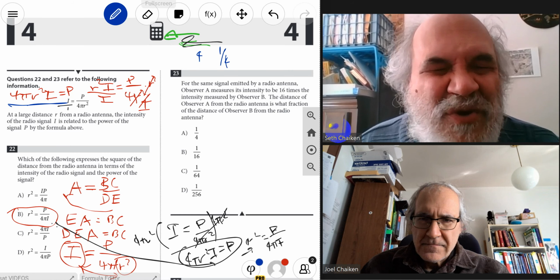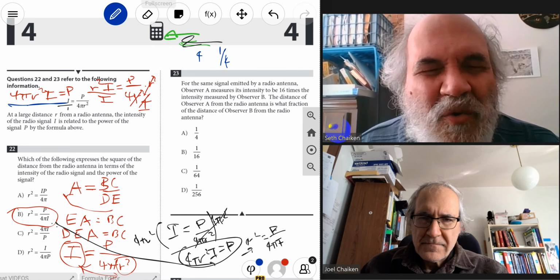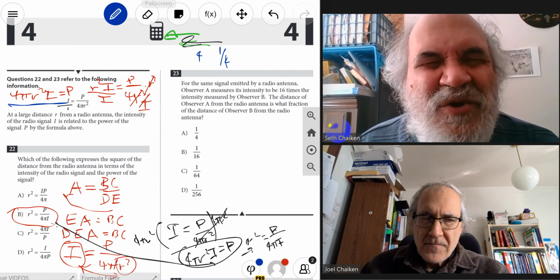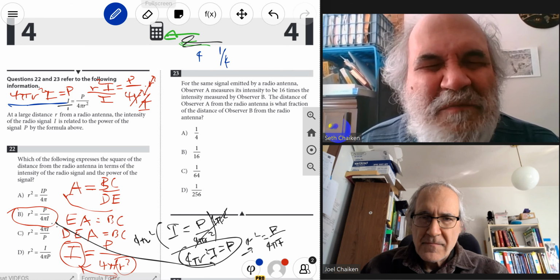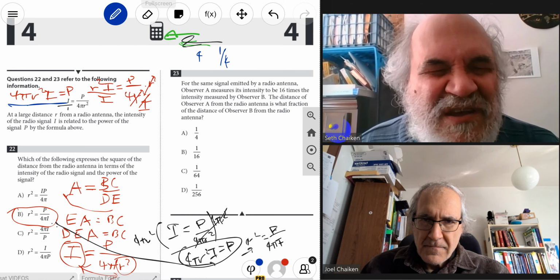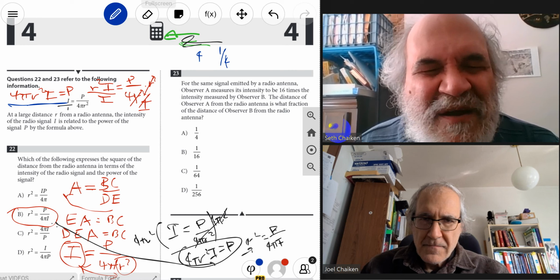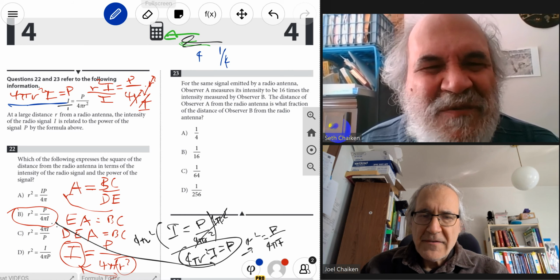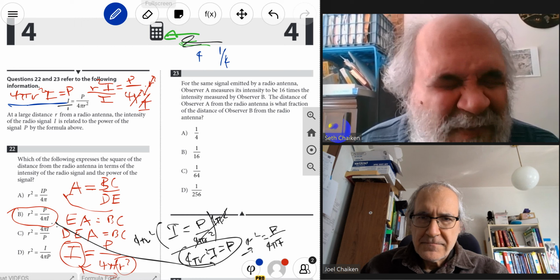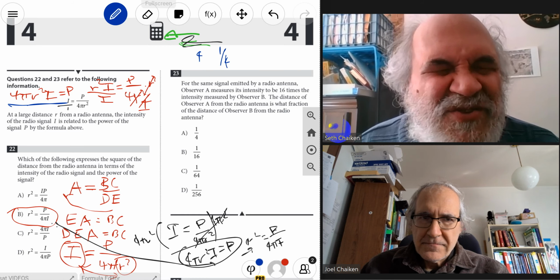The way I thought of it is I used my experience in physics to say it's the inverse square law, so the amount of intensity change is the square of the distance change. And we're interested in the distance change.